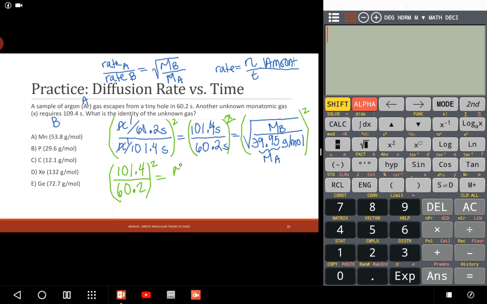That is going to be equal to my molar mass of B divided by 39.95 grams per mole. And so now I can multiply both sides by 39.95.